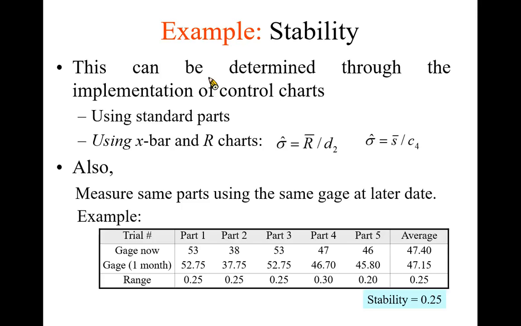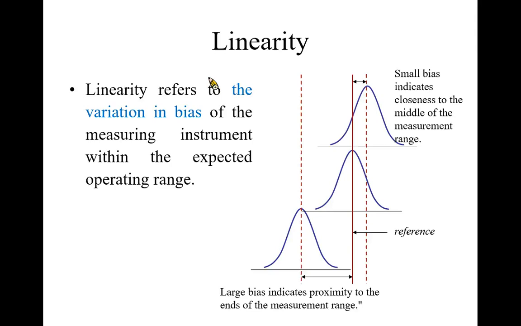We will skip it very quickly. Next, we talk about linearity. Linearity is the variation in bias. So till now, we talked about bias, stability, and linearity. Those measure the accuracy of the measurement system.